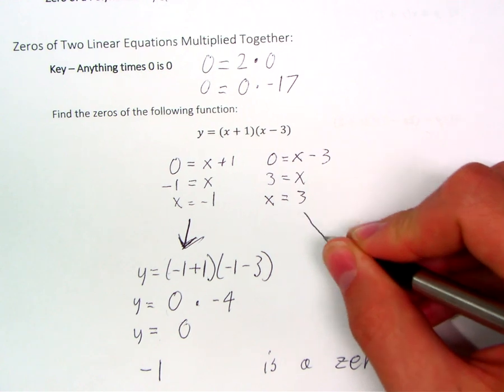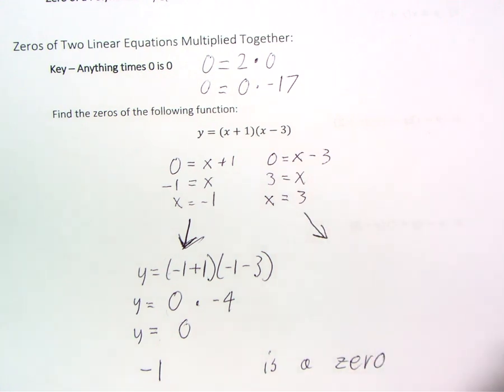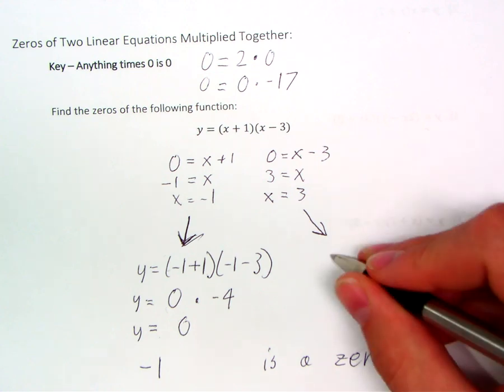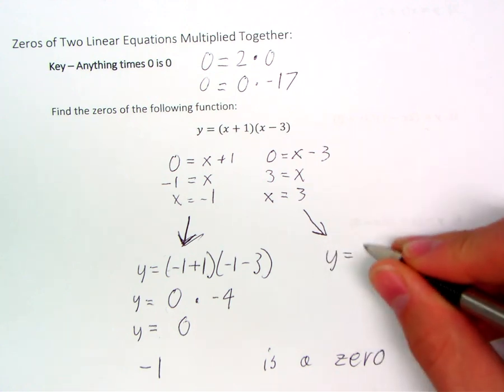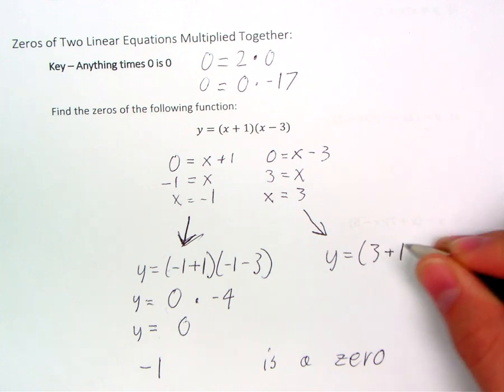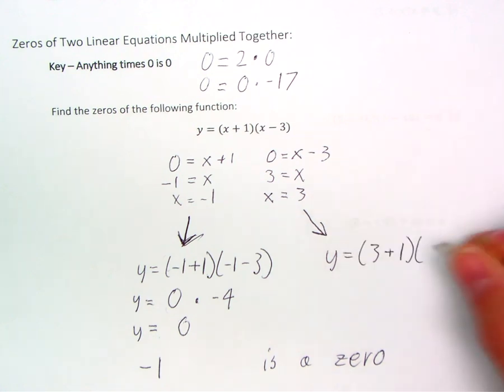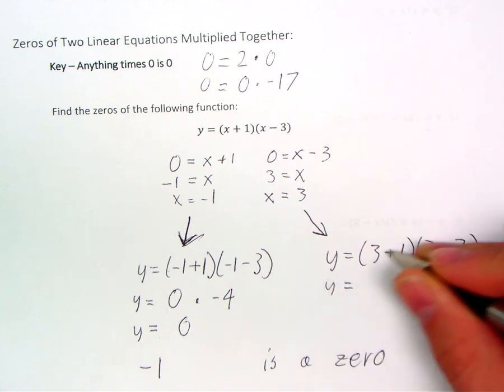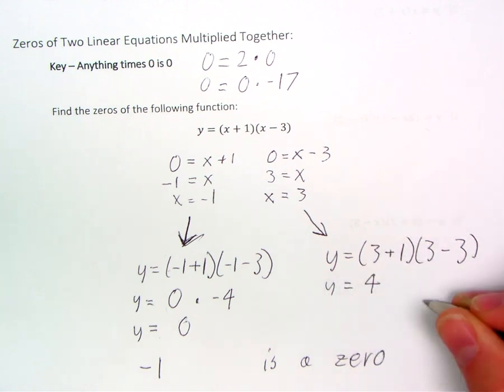Let's look at this other x value that we came up with. If x is equal to 3, what happens to our equation? Well, it's going to be 3 plus 1. I'm just replacing my x's with 3 because x is equal to 3 here. Then 3 minus 3. Now, 3 plus 1 is positive 4.